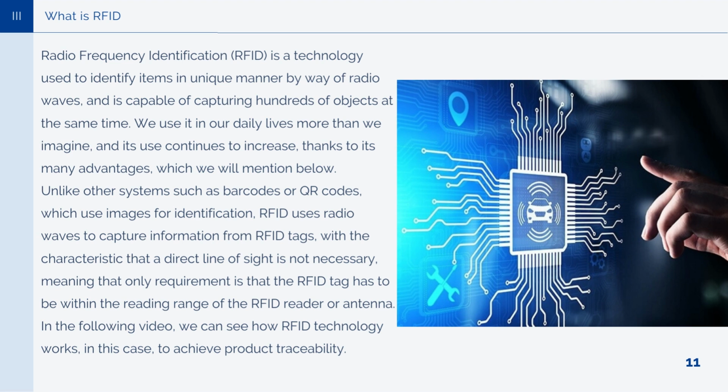Unlike other systems such as barcodes or QR codes, which use images for identification, RFID uses radio waves to capture information from RFID tags, with the characteristic that a direct line of sight is not necessary, meaning that the only requirement is that the RFID tag has to be within the reading range of the RFID reader or antenna.